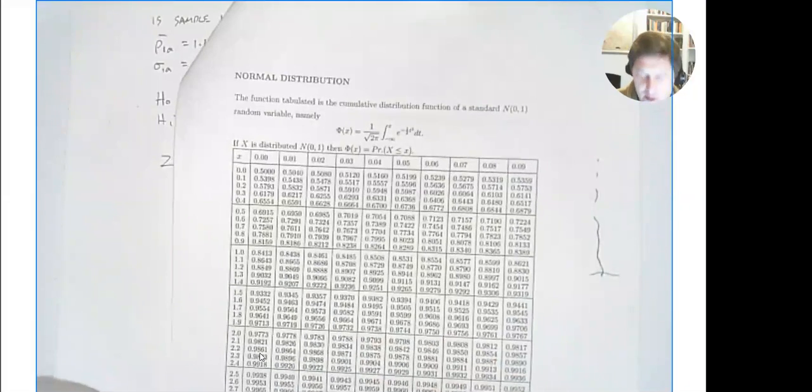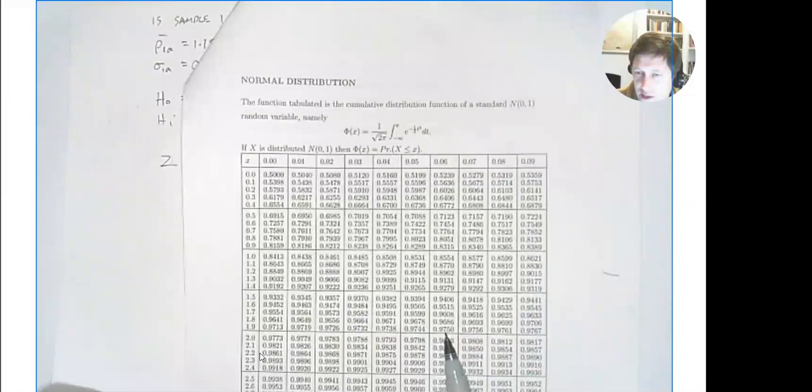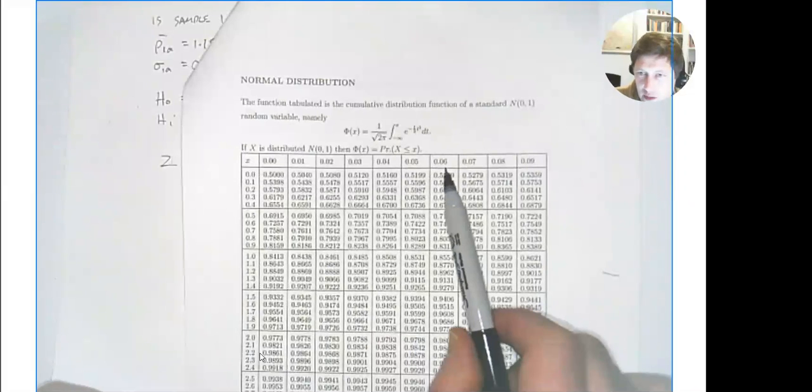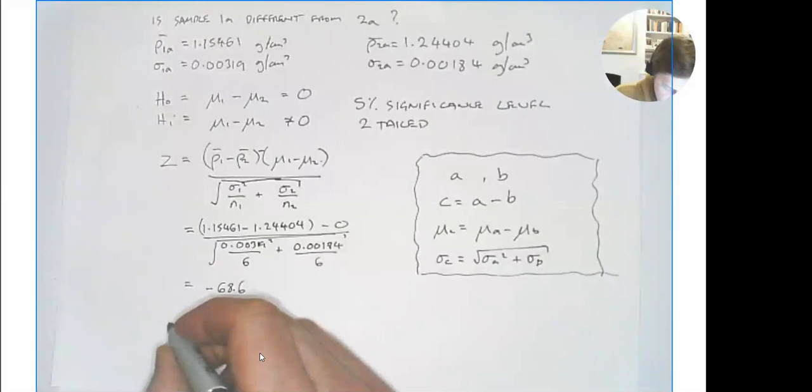That means we're looking for a value of 0.975. So here we go, that's this value here. You can see that, that's 0.975. And then we can read off what our value of Z is from that. So here we have 1.9, and then this tells us it's 1.96. This tells us what the second decimal value is. So our Z is equal to 1.96.